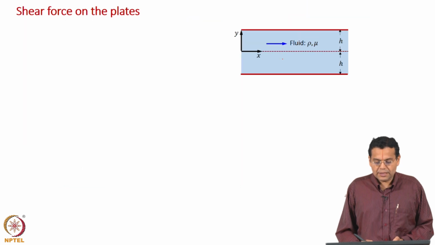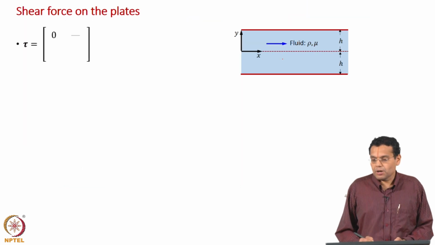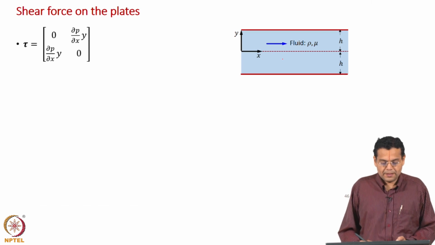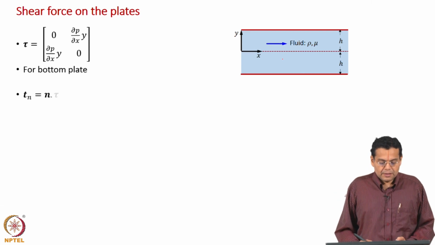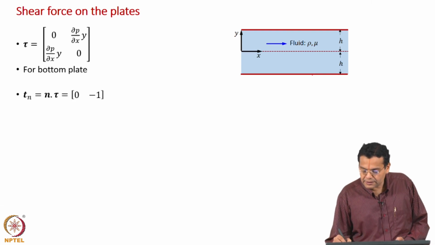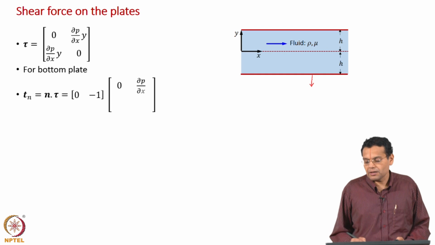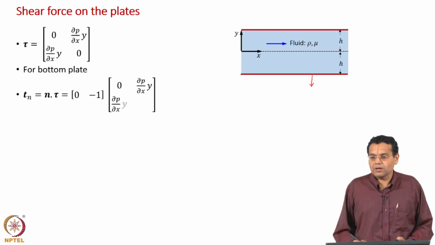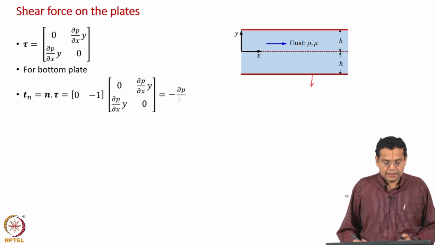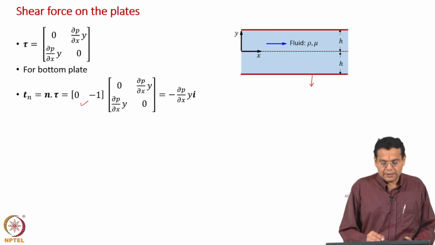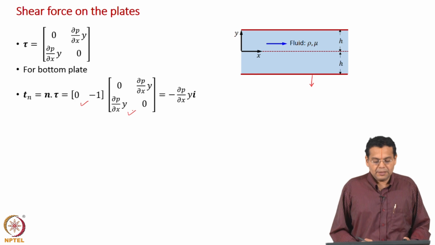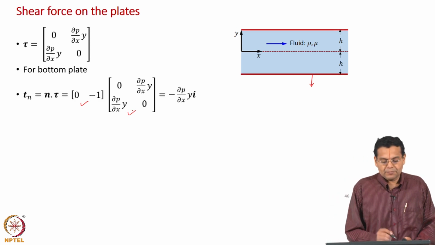Now let us repeat this for the bottom plate. For the bottom plate, now the n vector is along this direction, we always draw it as outward normal, and so n is now 0, minus 1, and of course the same stress tensor.